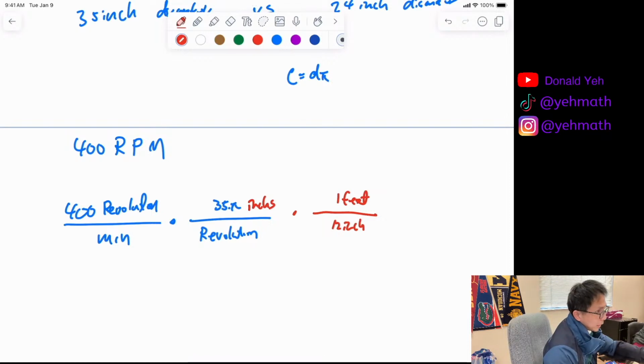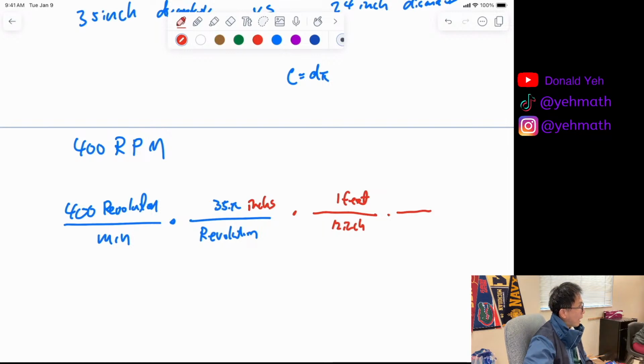How many feet in 1 mile? 5,280. Good. So how do I write this? Feet over... is 1 foot on top or on the bottom?